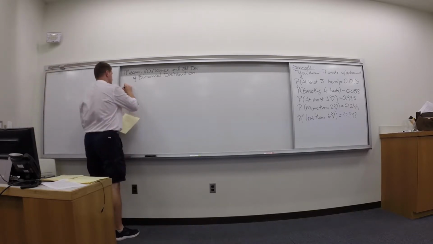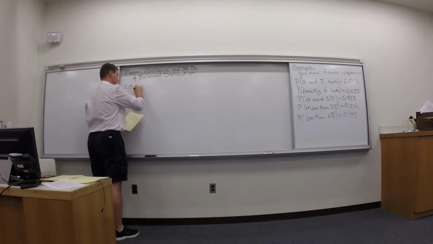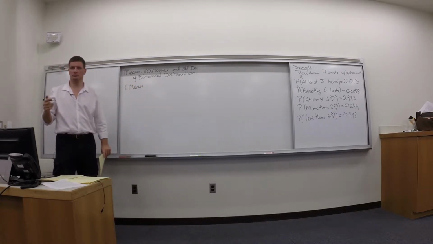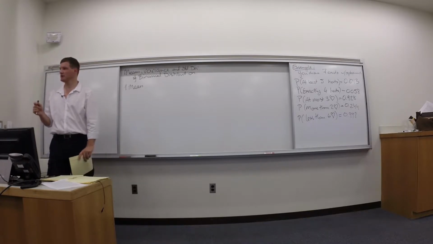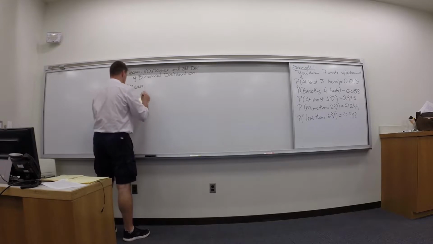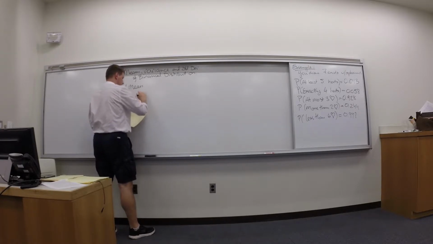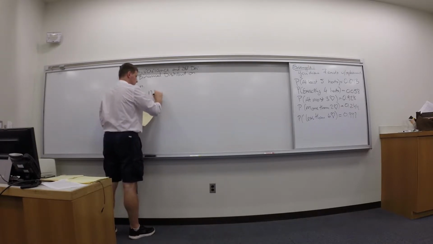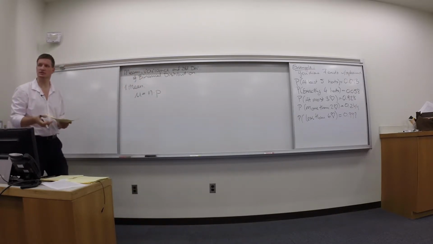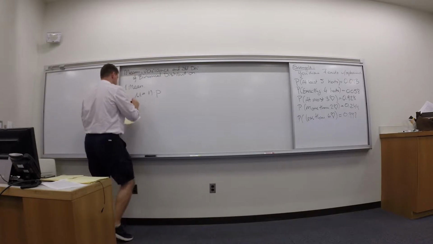So let's start with the first one, the mean. If you were going to flip a coin 10 times, how many heads would you expect to get? 5, right? So the mean is the number of trials times the probability of success in a single trial, right?